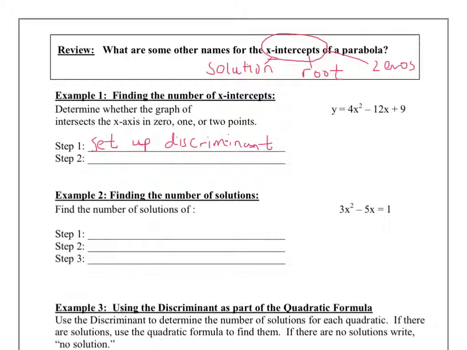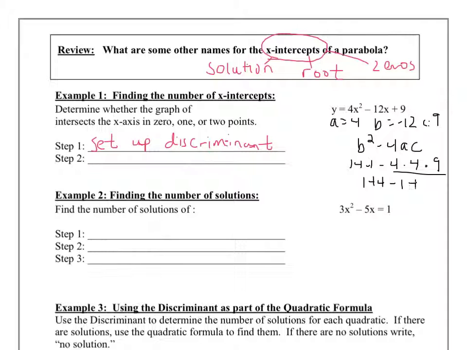Here we have A is 4, B is negative 12, and C is 9. The discriminant here is B squared minus 4AC. So B squared is 144, minus 4 times A times C. So we get 144 minus 144, which is equal to 0.